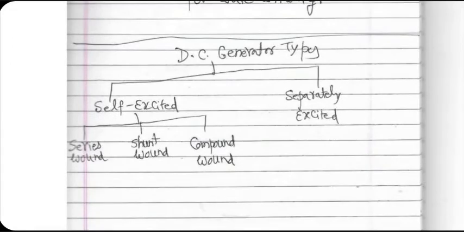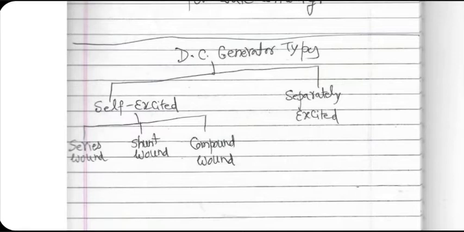In other cases where you have self-excitation, you may connect the field windings in parallel with the armature windings, or in series with the armature windings, or connect part of the field winding in series with the armature winding and the remaining part in parallel. Depending on that, we define series wound generator, shunt wound generator, or compound wound generator.